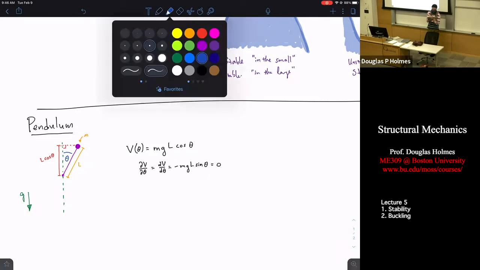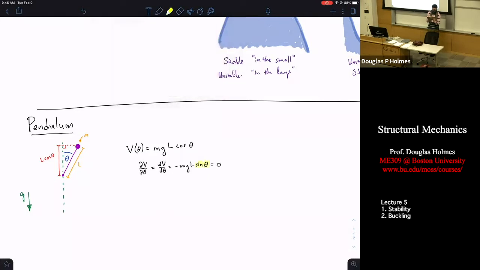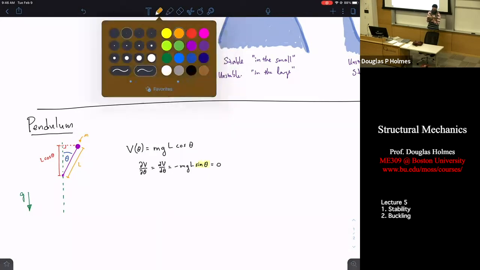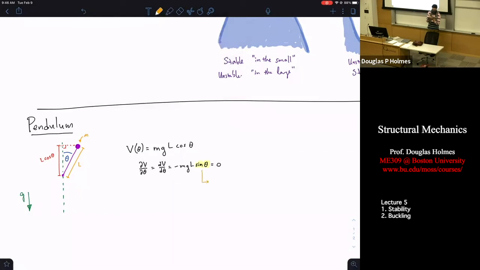All we really care about is this. And this says that the only thing that can be 0 here is sine theta. And sine theta is 0 at theta equals 0, and theta equals 180, or pi.